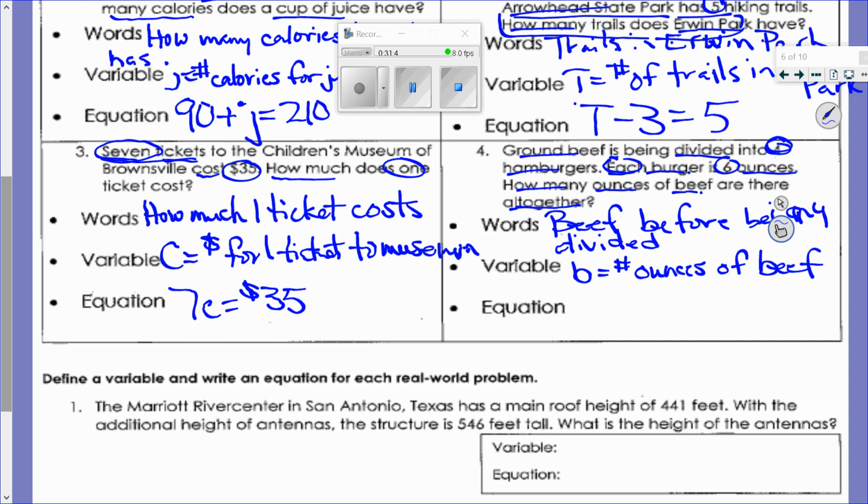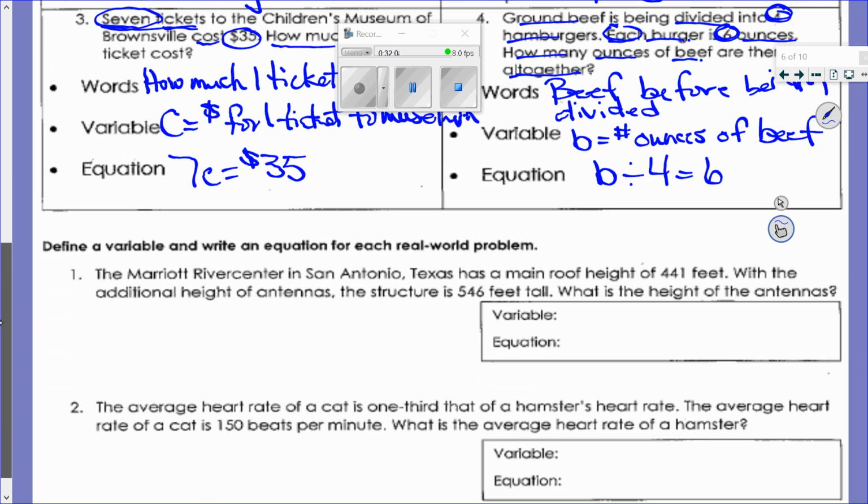Each burger is 6 ounces. So the ground beef is being divided. So B divided by, how many am I dividing? 4. And what do I get? Sorry. That's a 6. That's why I try to be careful on B's and 6s.